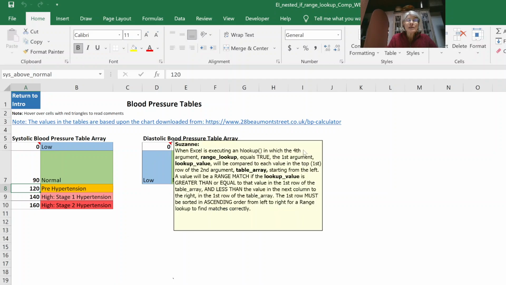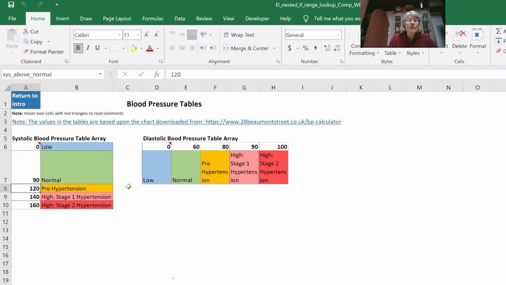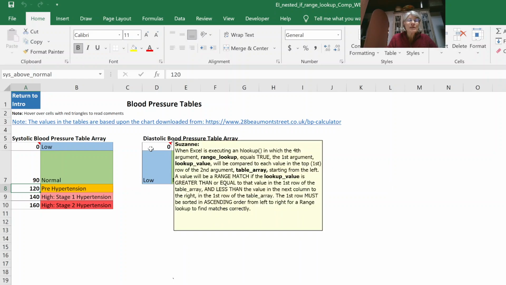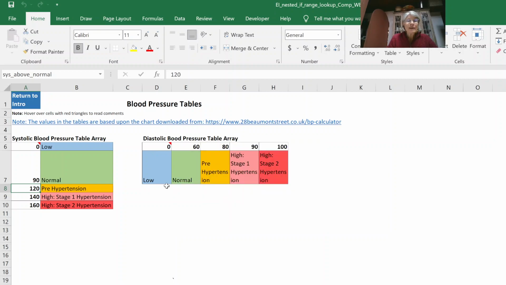The diastolic table array is arranged horizontally, and the lowest value is in the top left corner, and the highest value is in the top right corner. And again, the lowest value in the prehypertension range, 80, is named dias above normal, so that we can use those named ranges in our if function.